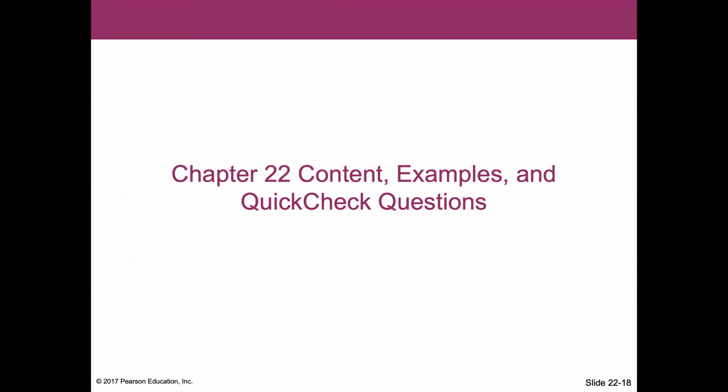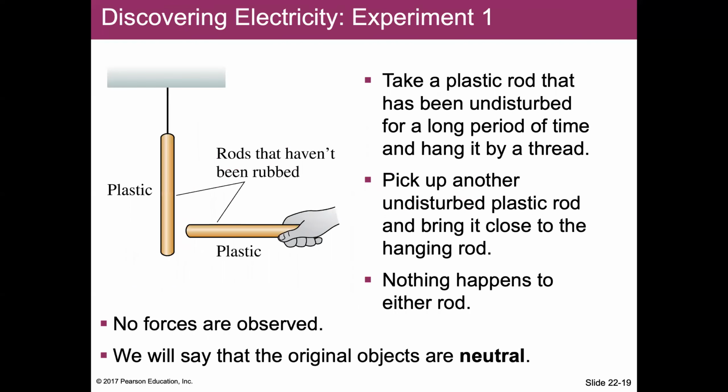Okay, now let's start the content of this chapter. We will start to introduce charges by doing a systematic set of experiments. What we can do first is take a plastic rod that has been undisturbed for a long time and hang it here.